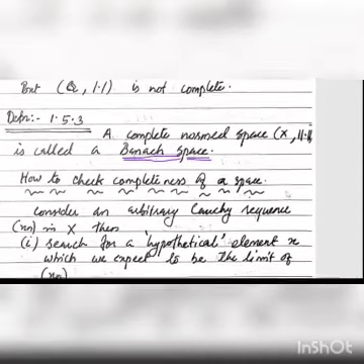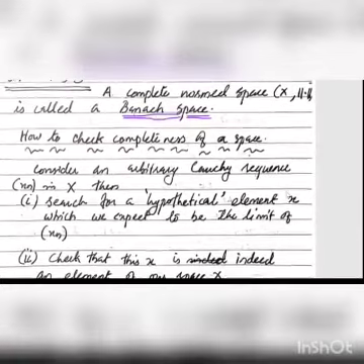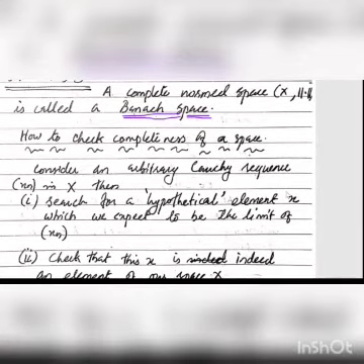First of all, consider an arbitrary Cauchy sequence xn in X. Now search for a hypothetical element x, which is expected to be the limit of xn. That means, suppose we have a Cauchy sequence, and we assume that this x is going to be its limit. Now, we check whether this x is an element of X or not.